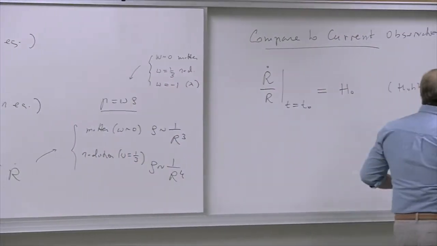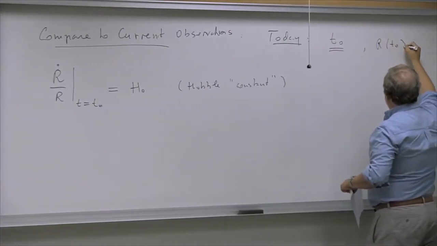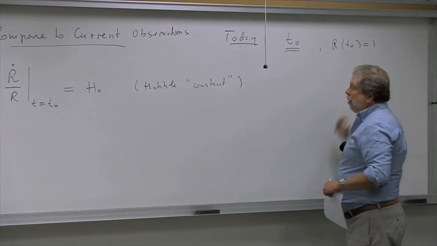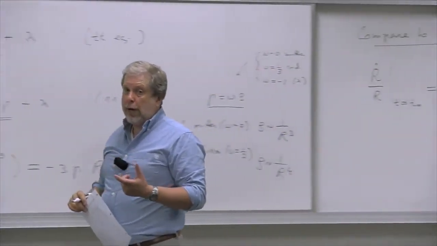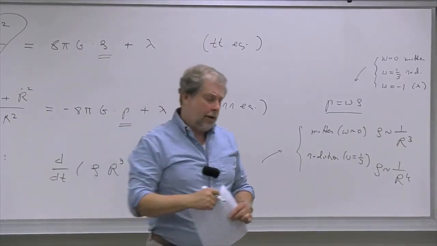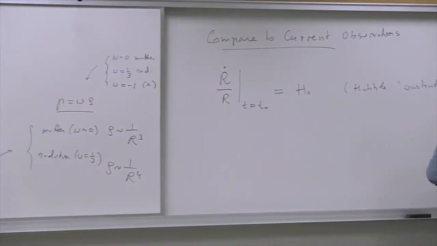And so the other thing that we usually do is we take r of t naught to be equal to 1. So we use the scale factor today as a reference scale. Set that equal to 1 so that helps us out.